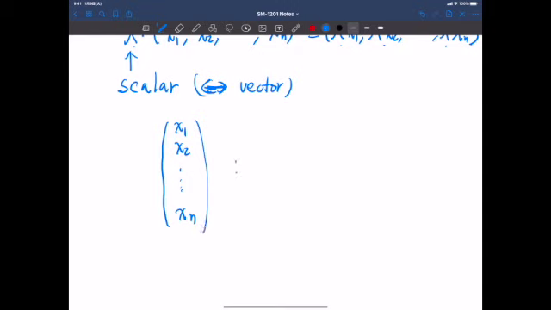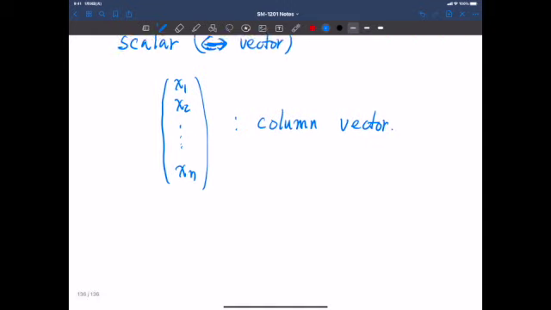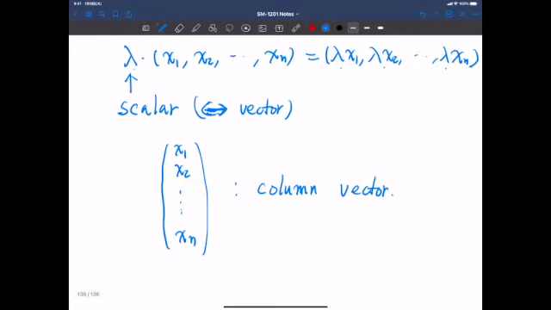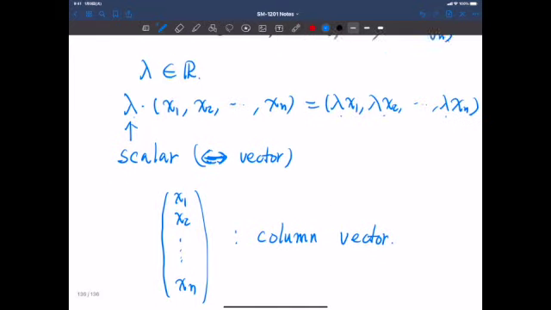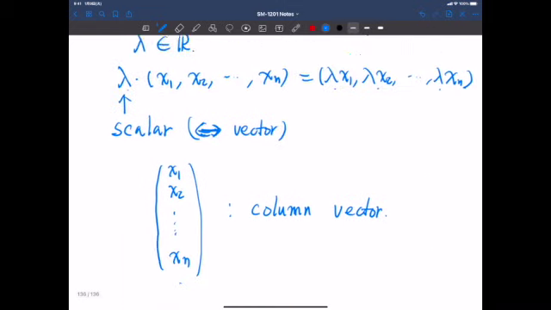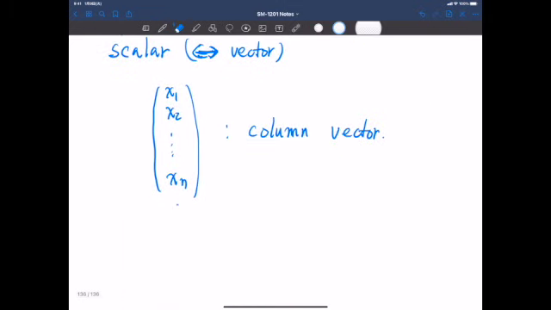And this is called a column vector. Well, information-wise, this has the same information as the row vector, but distinguishing between row vectors and column vectors comes in handy at some point.